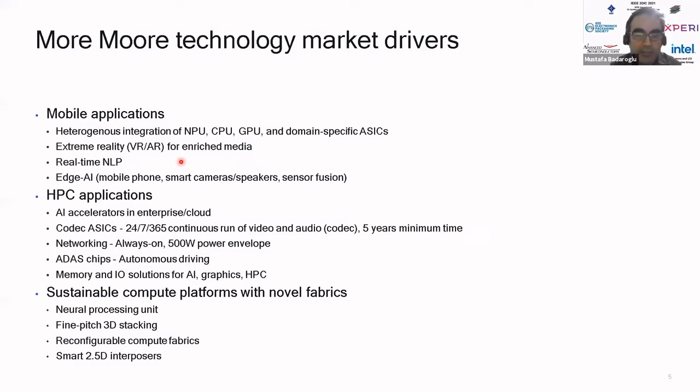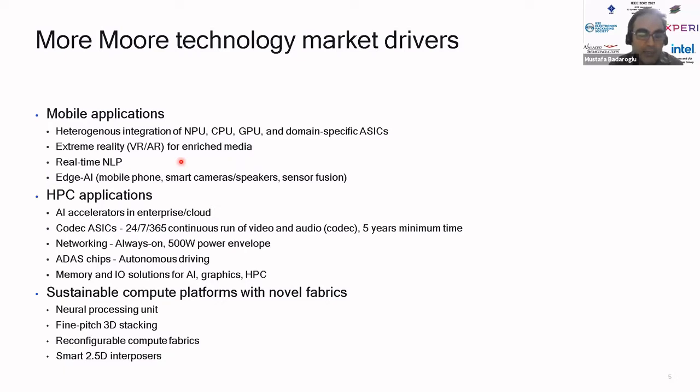And it needs to have stringent reliability requirements. Networking chips, these are always on, extremely IO and compute intensive, and the power envelope is very, very high. You can go up to a 500 watt power envelope. And then the automotive ADAS chips and the memory IO solutions in general, for AI graphics and HPC, which are also falling in this category.